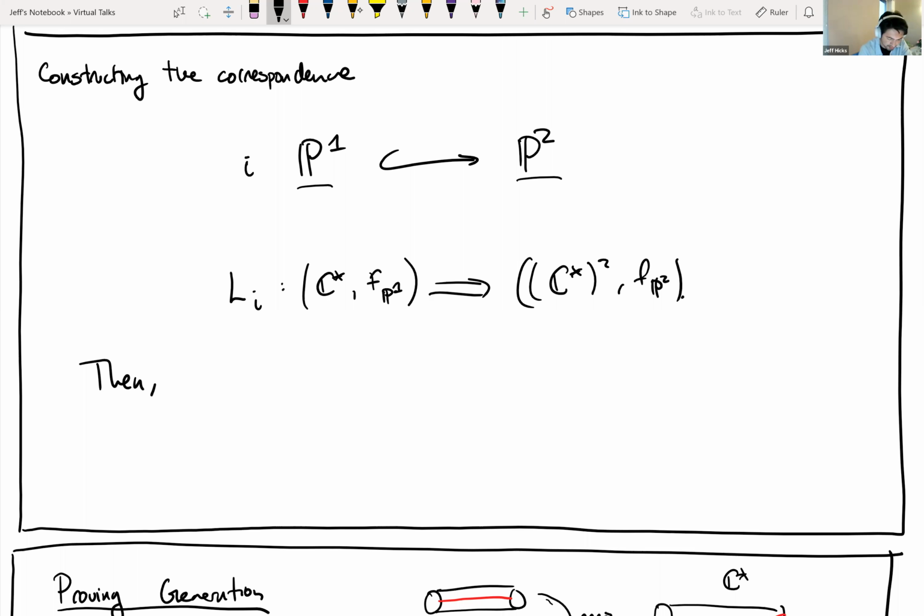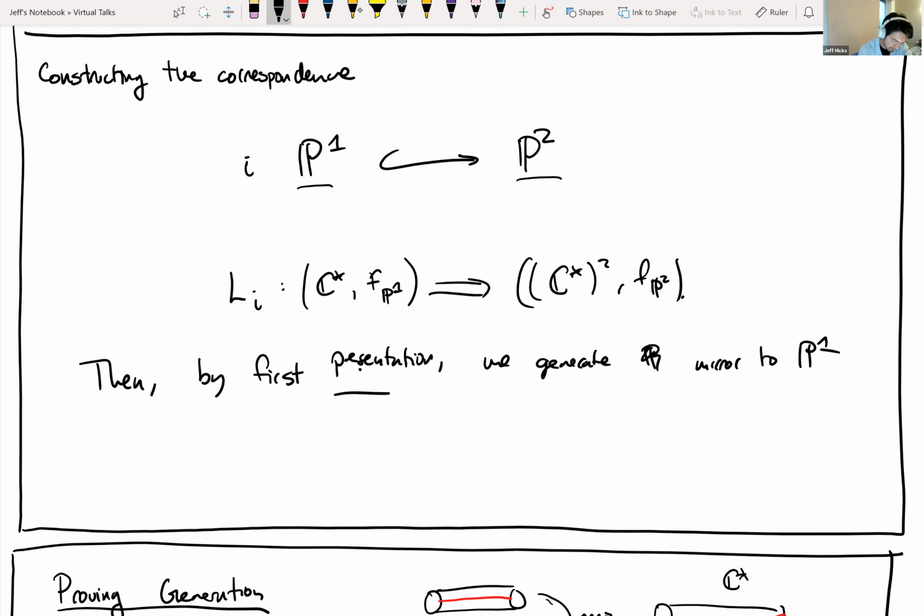Then by the first presentation, we generate the mirror to P1 with Lagrangian cobordisms.